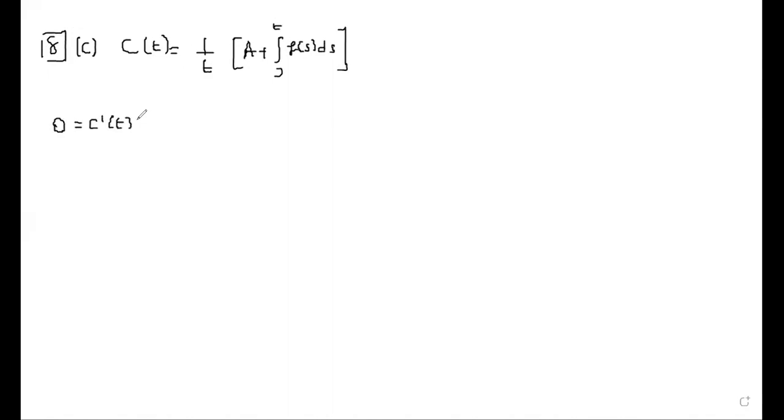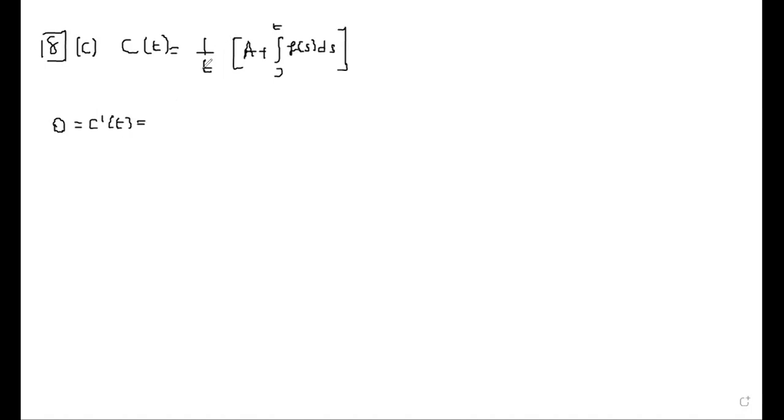Now C of t is given by 1 over t times A plus the integral from 0 to t of f of s ds. So we will find the derivative of this function and equalize it to 0. So 0 is equal to C prime of t. We have a product there, so first we apply the product rule.